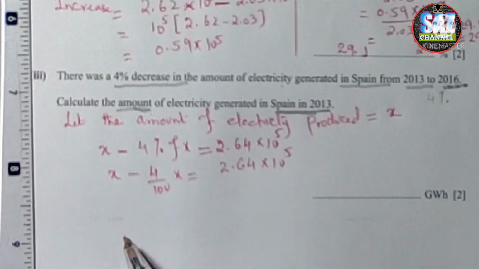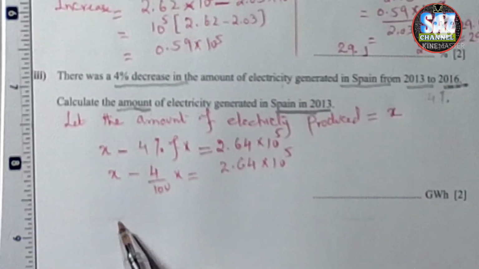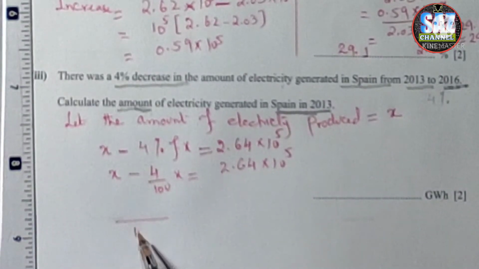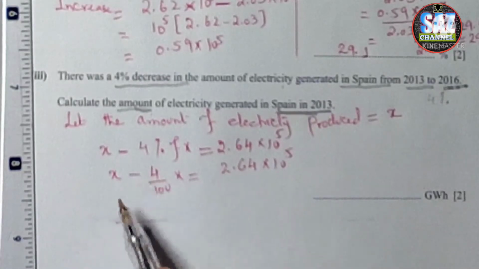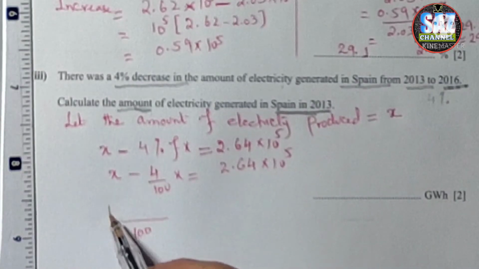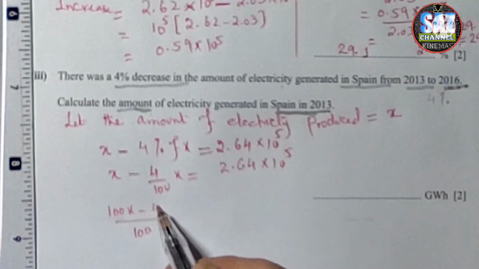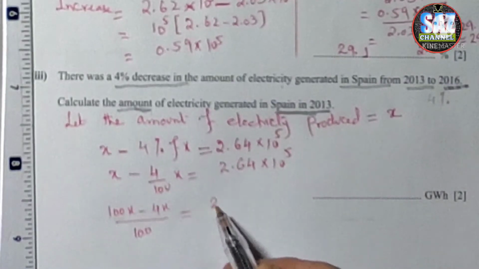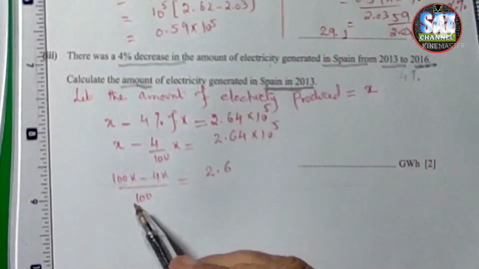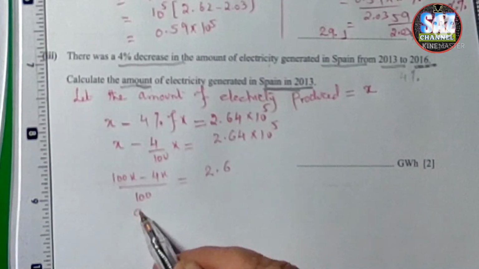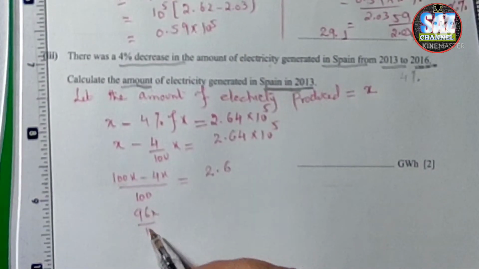Then we have to take the LCM. The concept of the percentages and ratio chapter has to be really clear. 100X minus 4X over 100, and 100 minus 4 is 96X over 100.